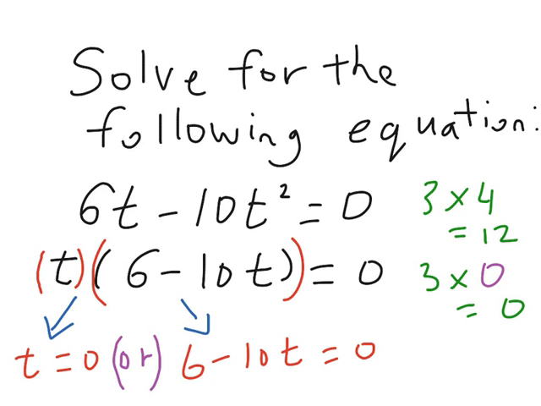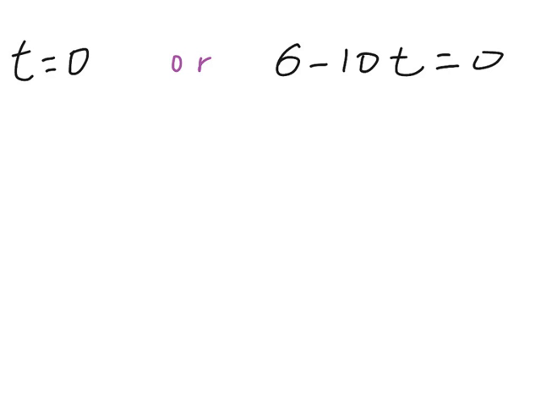So this is just an or. One of the two must be right. In the first case, we have already finished: t is 0. In the second case, we can solve this equation.